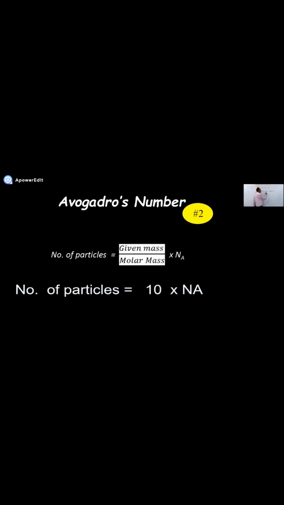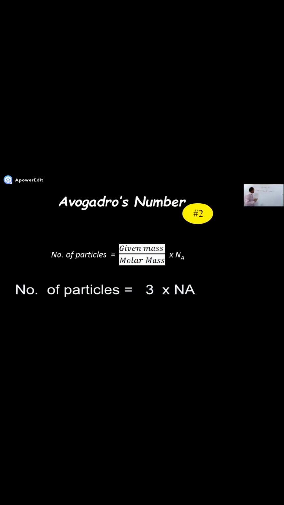You say just multiply 10 by Avogadro number 6.02 into 10 to the power 23. If I have 3 moles of carbon dioxide and I ask how many molecules it has, how will we find it? 3 multiplied by 6.02 into 10 to the power 23.